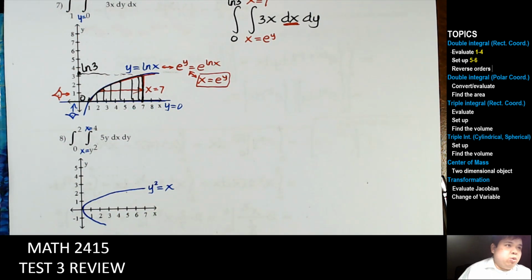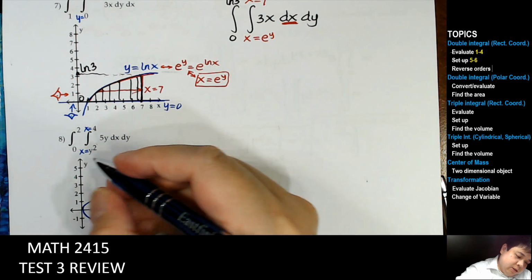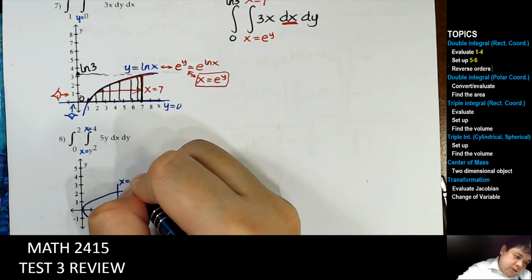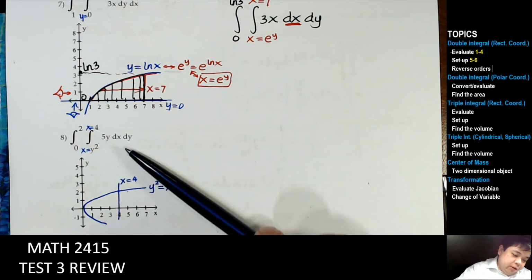X equal to y squared. And then x equal to 4. And then y from 0 to 2.